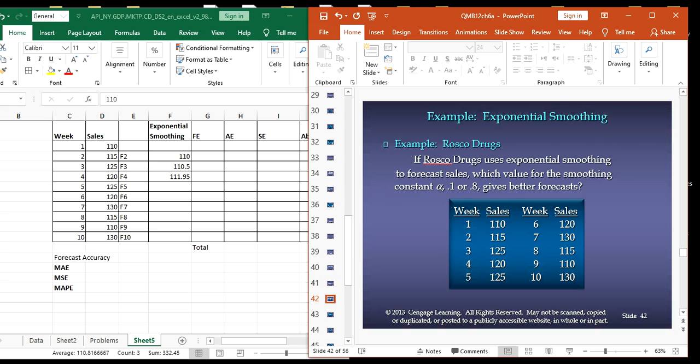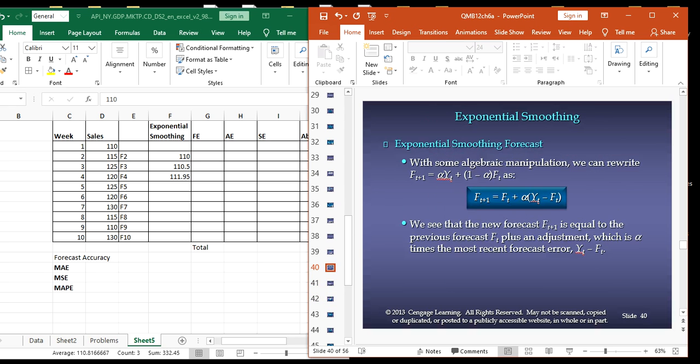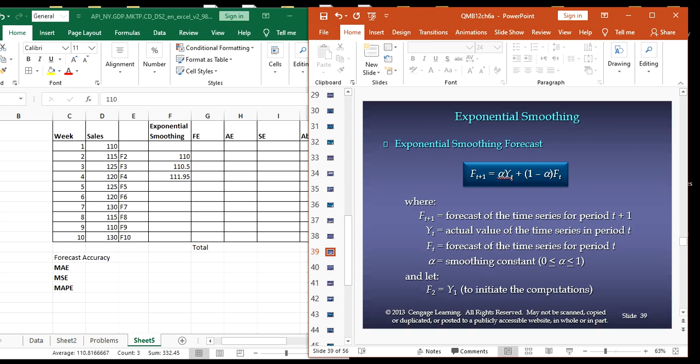Let's see what those are. Y t is the actual value of the time series in period t.